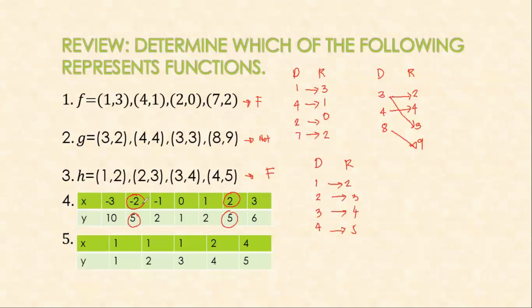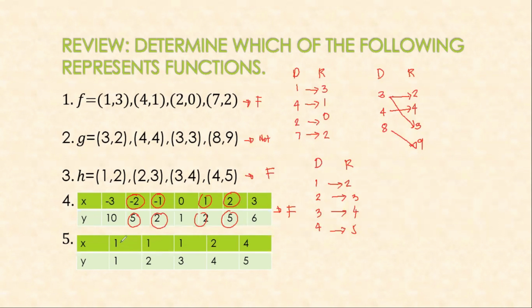And an input of -1 and 1 gives the same output of 2. So the correspondence here is many to one. So for every value of x, there corresponds a unique value of y or range. Therefore, this table of values represents a function.